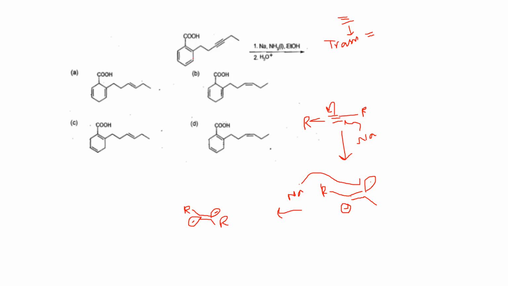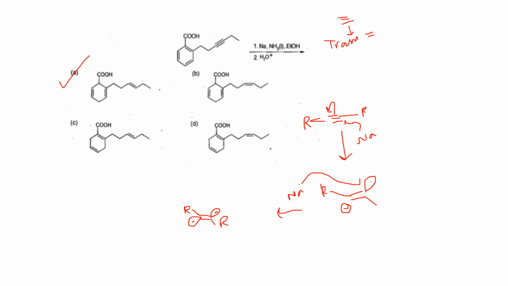In case of the aromatic ring, the newly generated double bond should not be conjugated with that electron withdrawing group. So the correct option according to the aromatic ring between these two, as this contains only the cis double bond and this contains the trans double bond, the correct option will be this one.